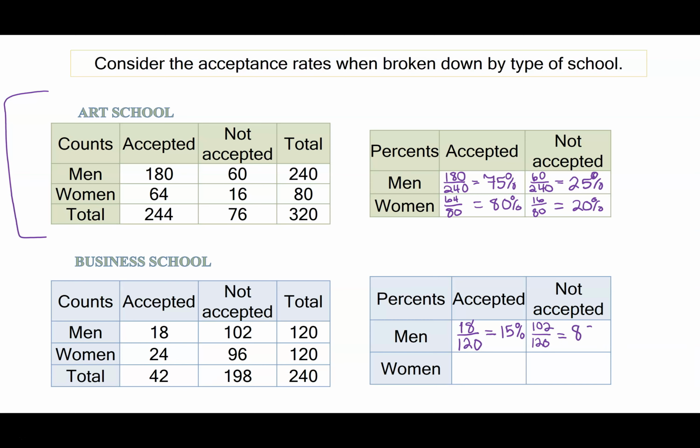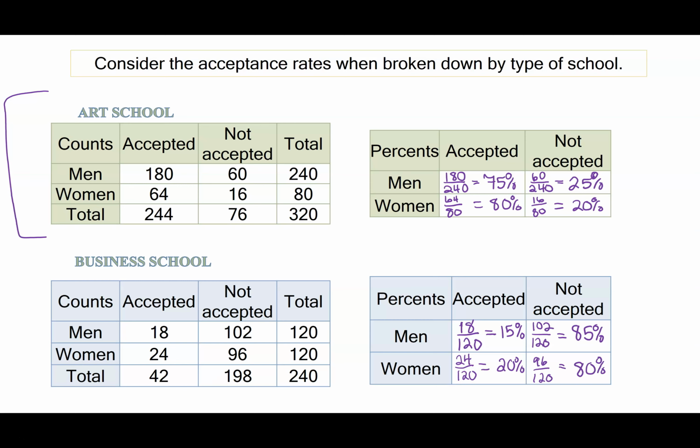So that was 85% of the men that applied to business school weren't accepted. Then 24 out of 120 women were accepted. That's 20%. And then 96 out of 120, so 80% of women that applied to business school were not accepted.